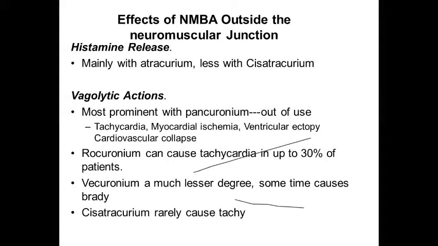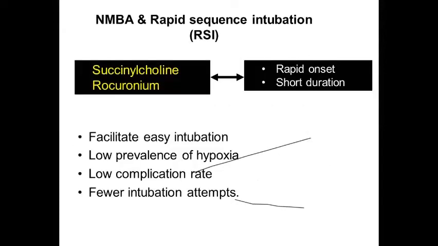Rocuronium can cause tachycardia, but it's very rare. Vecuronium can cause tachycardia as well, but mainly bradycardia. Cisatracurium is the safest non-depolarizing drug that you could use in the ICU. Sux, we use it for rapid sequence intubation. Rocuronium, the same thing.